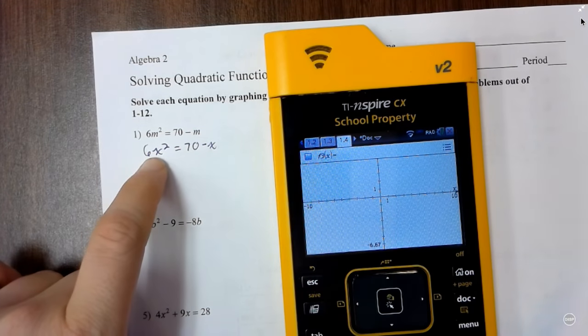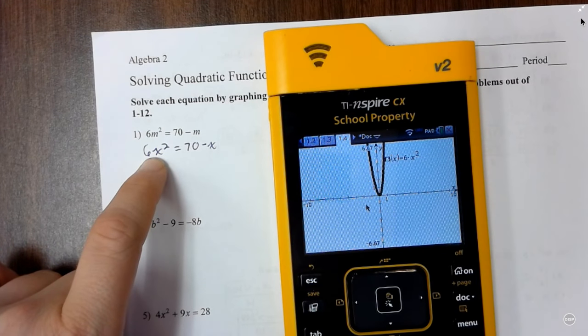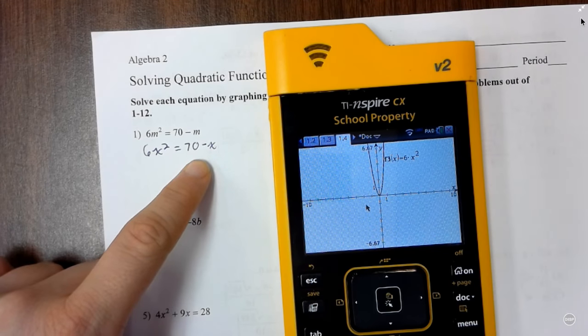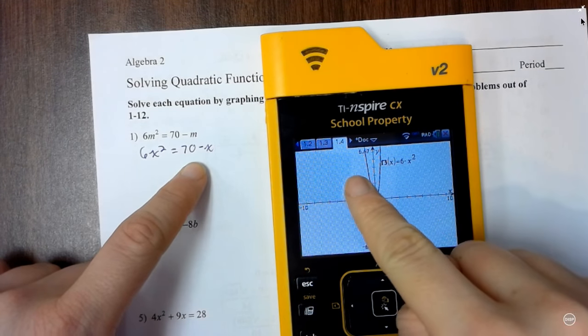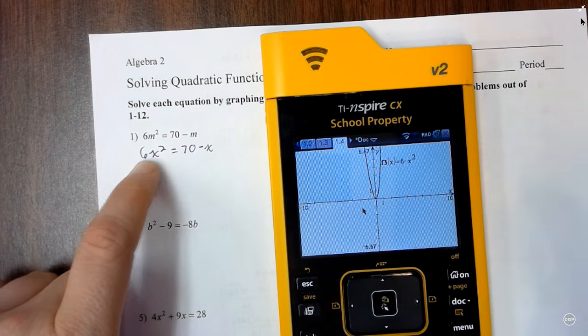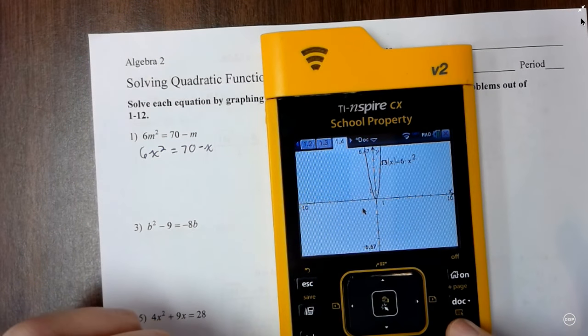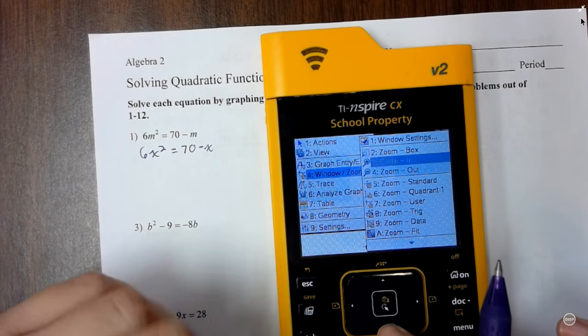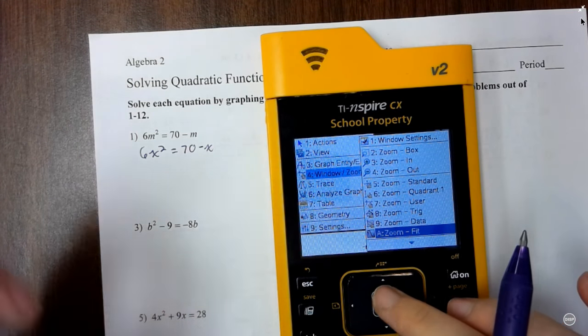So 6x squared, and then tab, 70 minus x. Now, notice how I don't see 70 minus x on here anywhere. All I see is the 6x squared part. That means you need to zoom. So go to Menu, Window Zoom, and try Zoom Fit. That usually works okay.